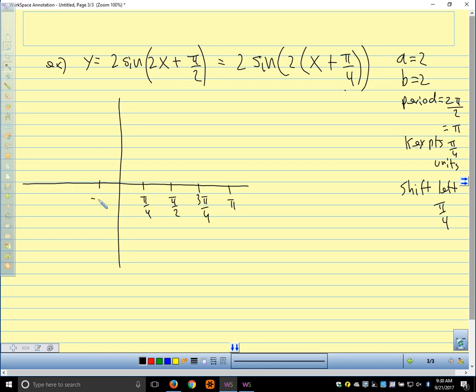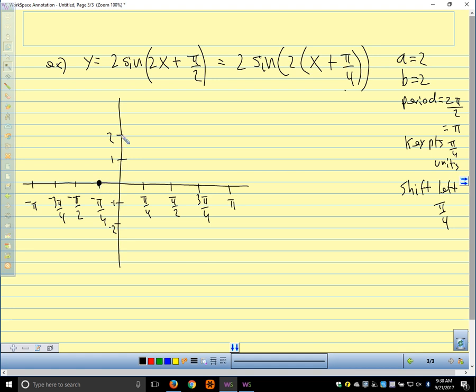And I'll go this way. All right, and our amplitude is 2, so I'm going to do this. And normally we would start our unshifted sine function here at 0, 0, but I'm shifting left pi over 4, so I'm going to start it here.